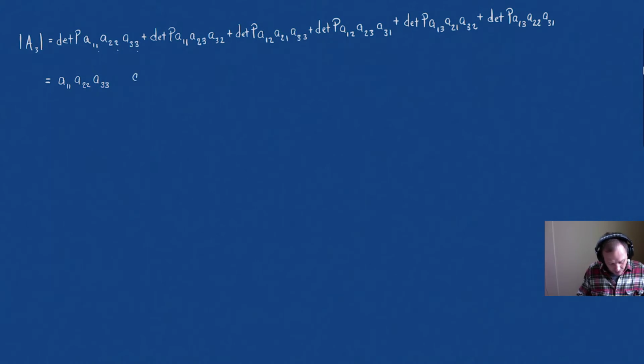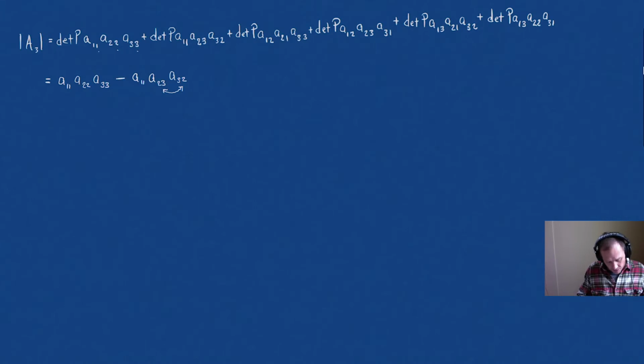Then let's take a look at this next one. I'm going to rewrite the terms A11, A23, A32. But notice that I'm going to have to permute these two columns, the 3 and the 2. There's one permutation that's going to have to take place. So that means I'm going to have to multiply that by a -1, so minus.